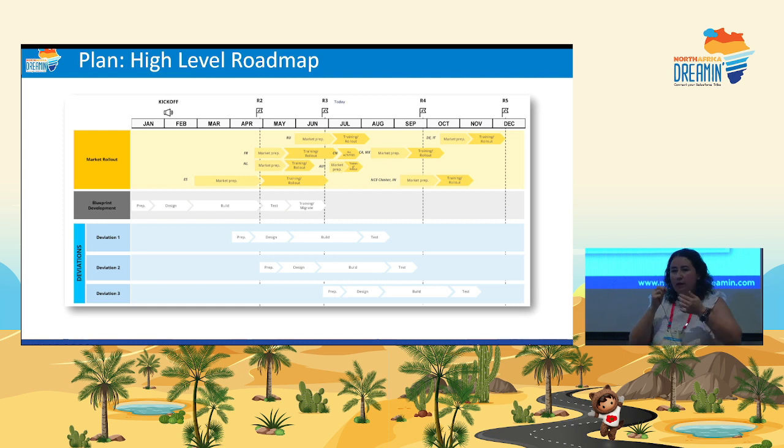So maybe if you think smart, the first market you choose might be one of those that do not have any deviations. So you implement it, just making sure that the global template works. And then the second one you choose maybe is one with 1 or 2 deviations, right? So before rolling out to the next market, you need to plan time to define and build the deviations, and then be able to roll them out.